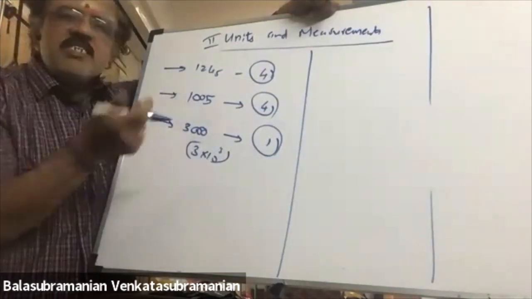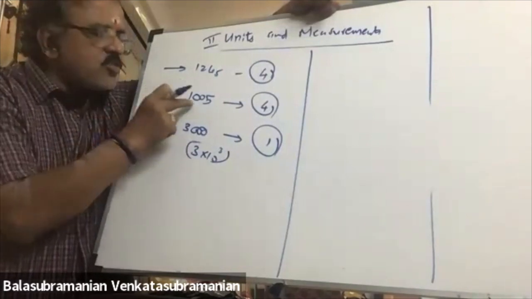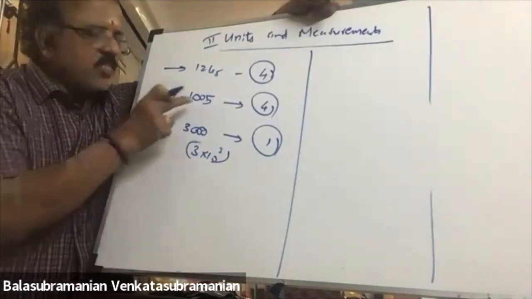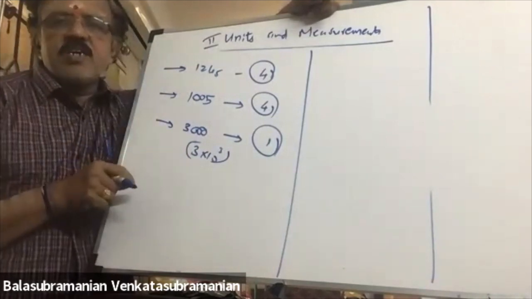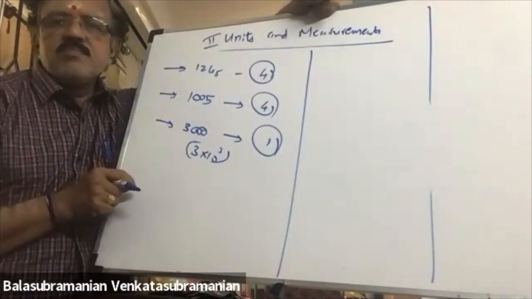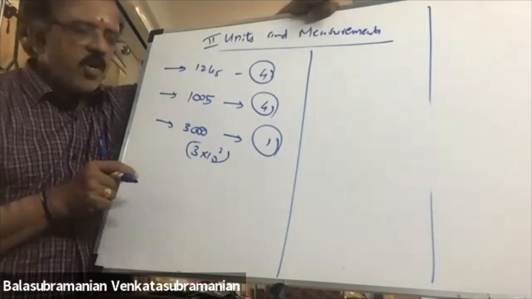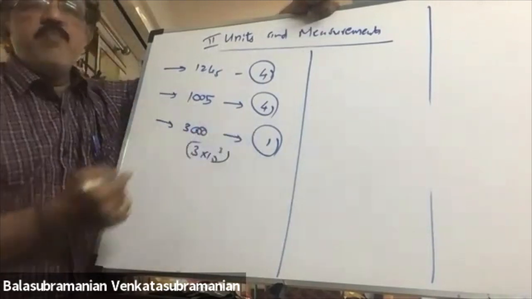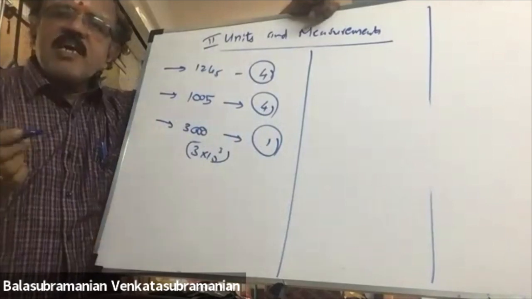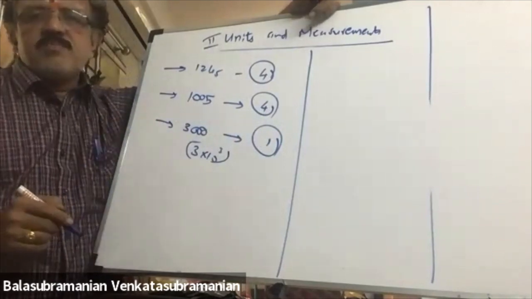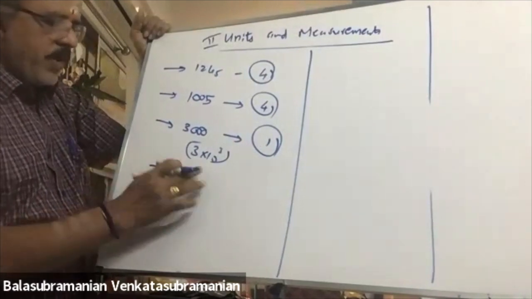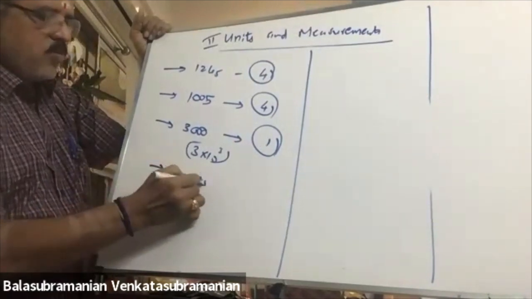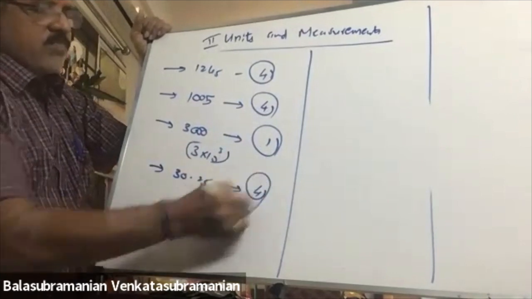But in 1005, this 0 is between two non-zero digits, so this 0 is counted, considered to be significant. Okay, sir, I have a decimal point. How to calculate? Say, for example, 30.25: 4.